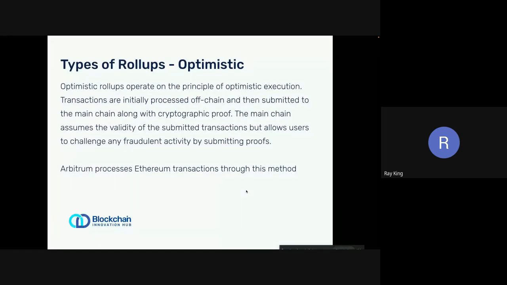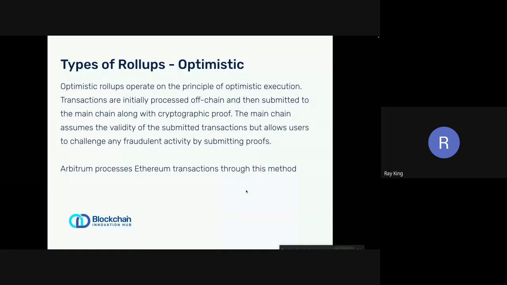Transactions are initially processed off chain and then submitted to the main chain along with the cryptographic proof. When we're submitting the transaction back to the main chain, the main chain assumes that these transactions are valid.